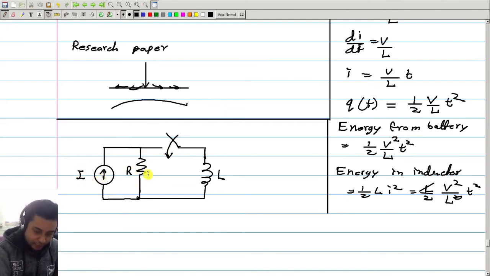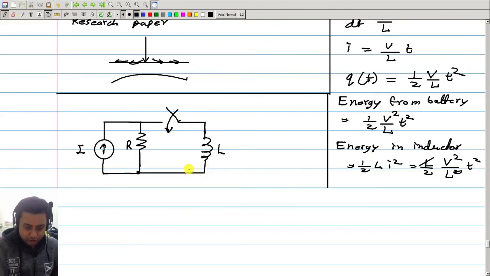Previously this current I was flowing through this resistance. After you connect, this inductor will be a short circuit path for this current, and therefore this current will gradually stop flowing through the resistance, and it will flow through the inductor. So gradually this current will decrease and this current will increase.